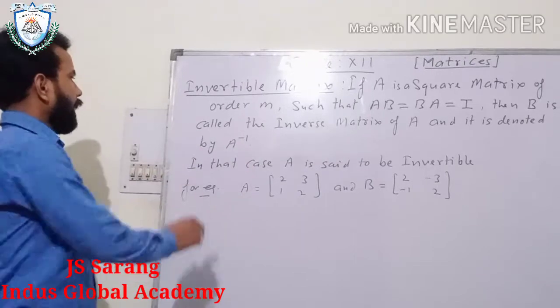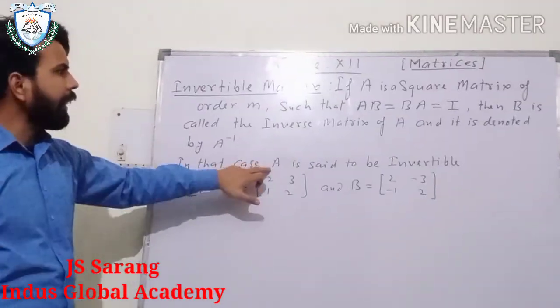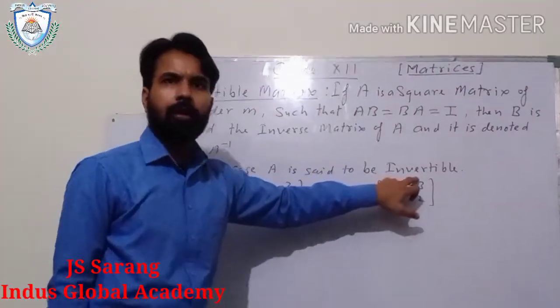In that case, B is called the inverse of A and A is said to be invertible.